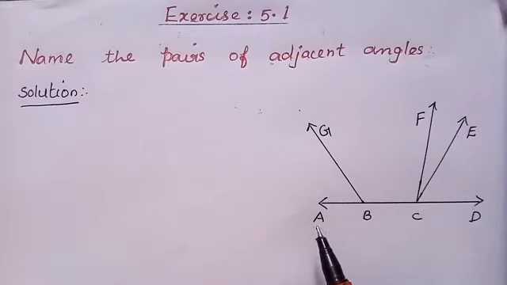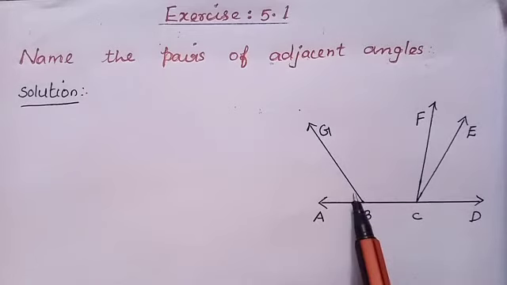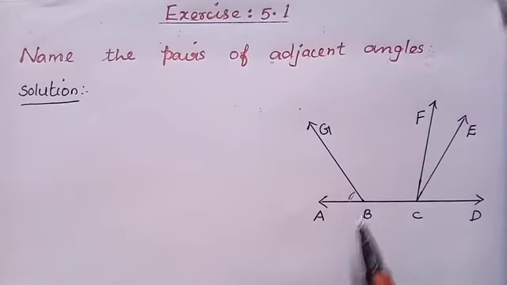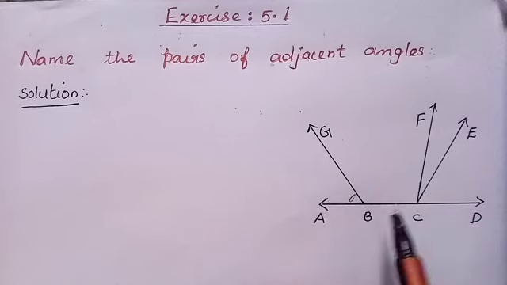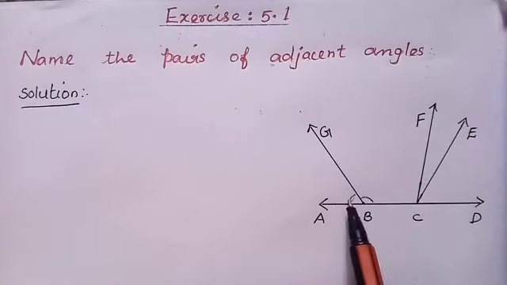What is the meaning of adjacent angles? Adjacent angle means nearby angles. See here. This angle is ABG. This is GBC. These two angles are nearby angles.